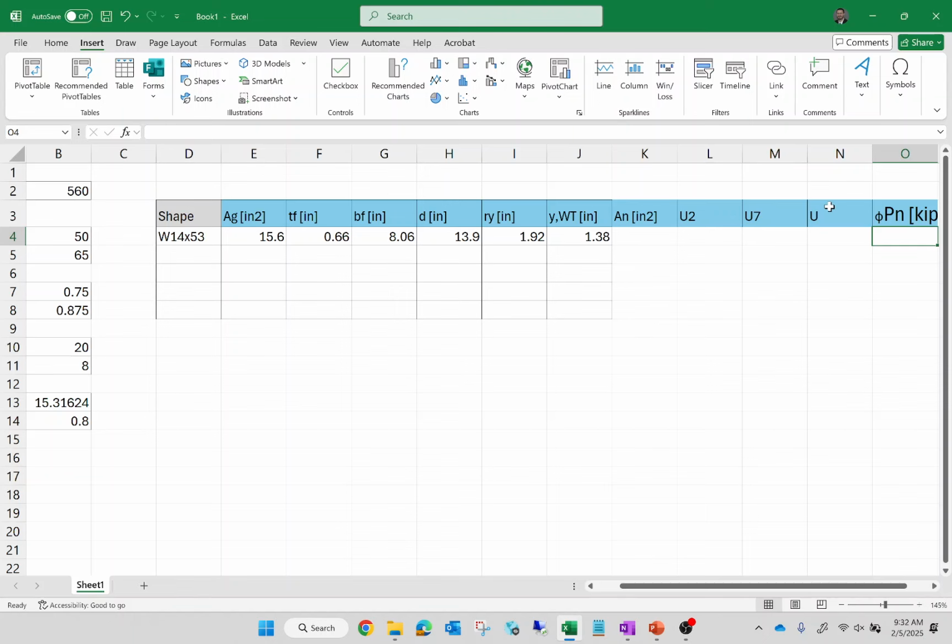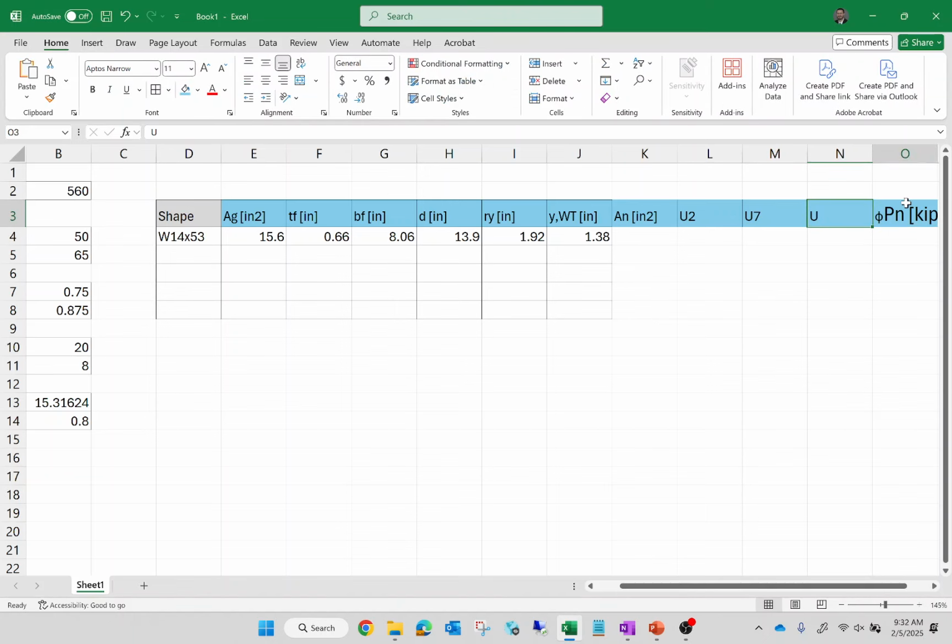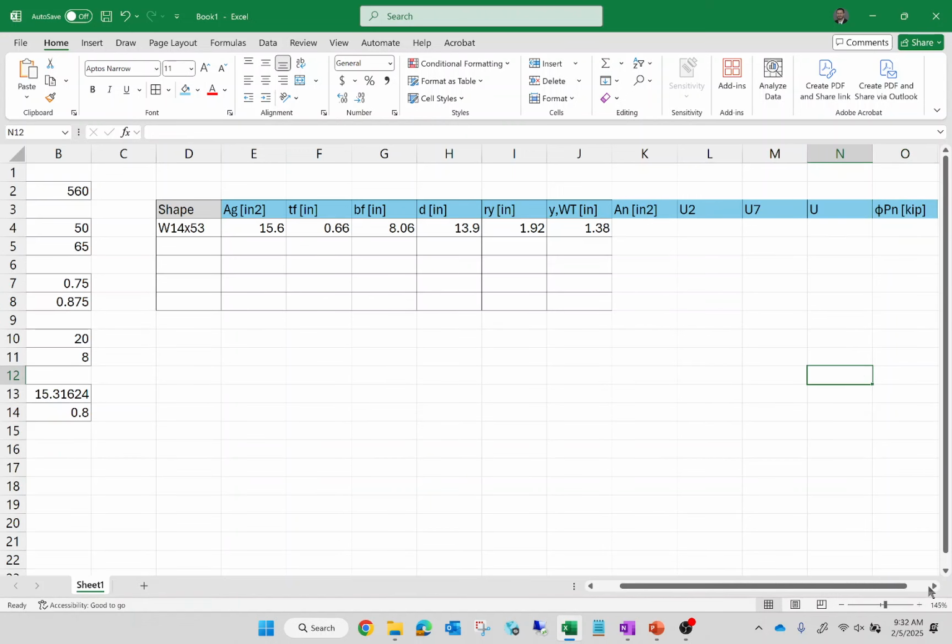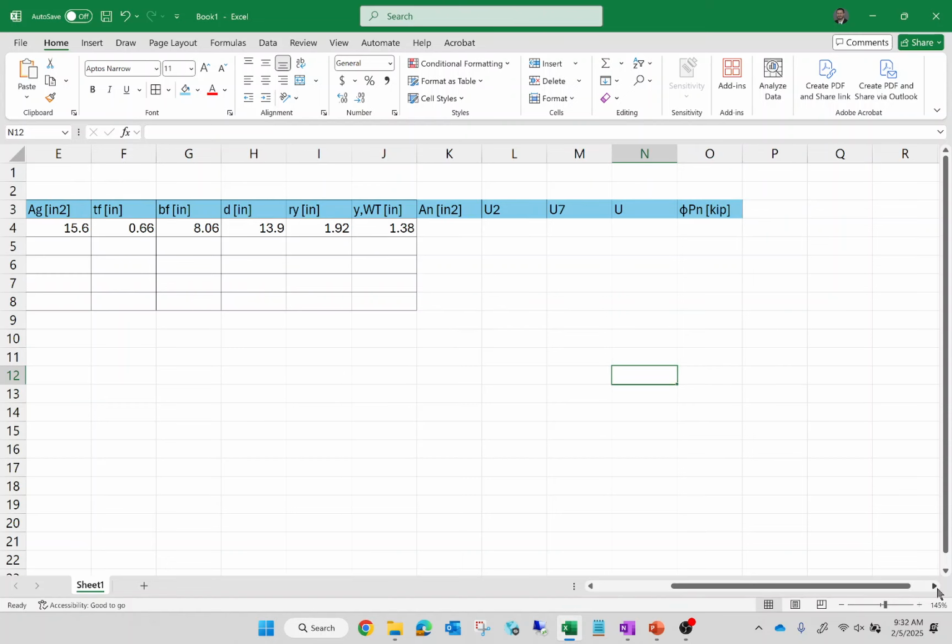Ooh, that is bigger. That's supposed to be 11. Okay. And then we said we're also going to need to do an L over R check. So we'll call that L over RY. And then an OK check.